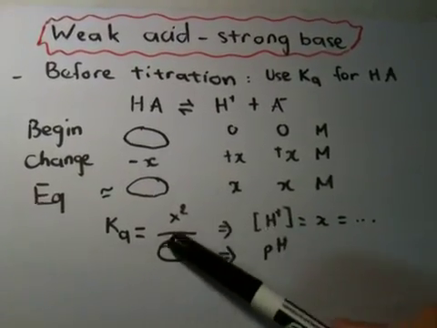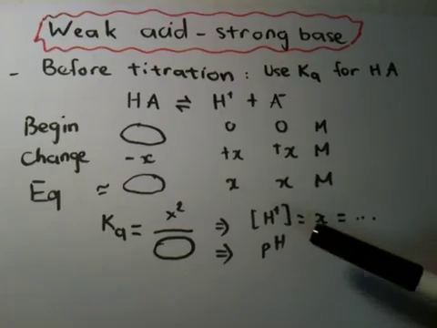So this is what we set up. Find the x, find the concentration of hydrogen, and then we find the pH.